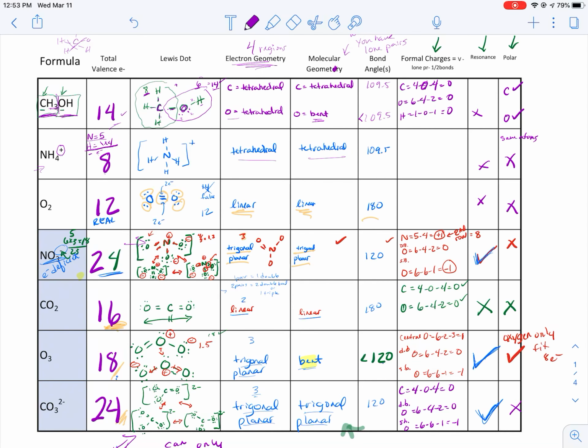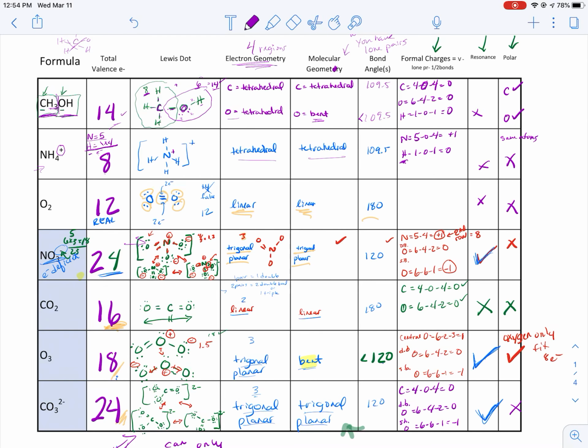Now on this guy, he has a charge, so we might expect a formal charge since it has a charge. We've got nitrogen is 5 minus 0 minus 4, which is +1. And then our hydrogens are 1 minus 0 minus 1, which is 0.